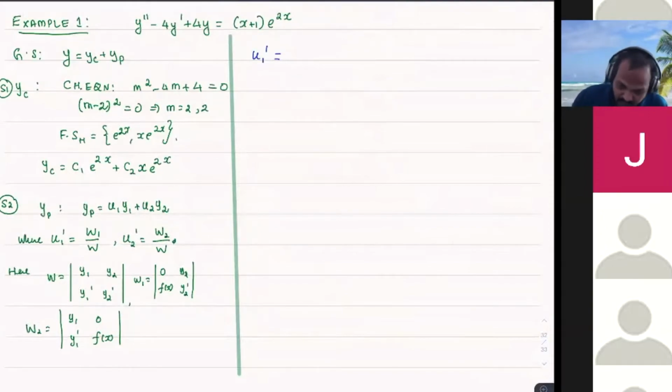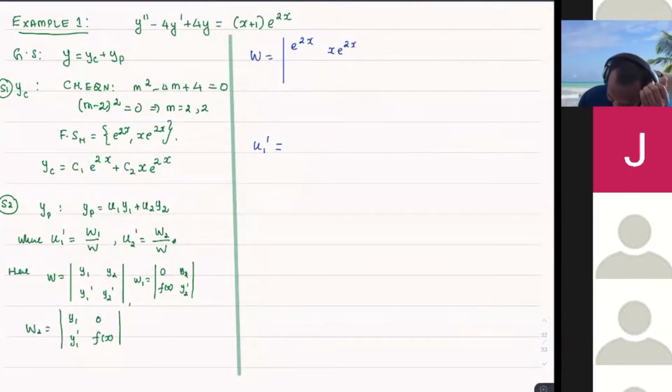But before I do that, let me figure out the w's first. So the w would be e to the 2x, x e to the 2x, and this is 2e to the 2x, and this is x plus 1 e to the 2x.